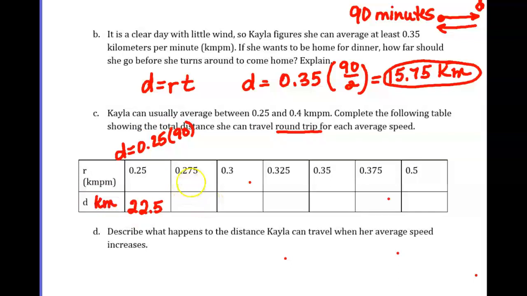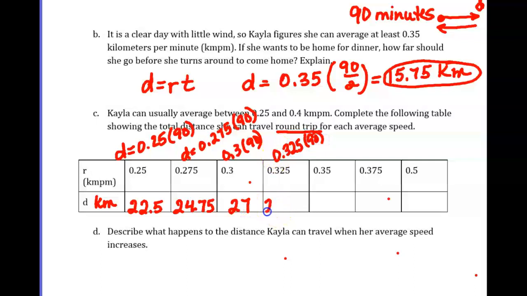Then for the next one, 0.275, the rate is changing, so the distance would be 0.275 times 90, and that gives us 24.75. Then 0.3 times 90 gives us 27. 0.325 times 90, we're just multiplying, gives us 29.25.